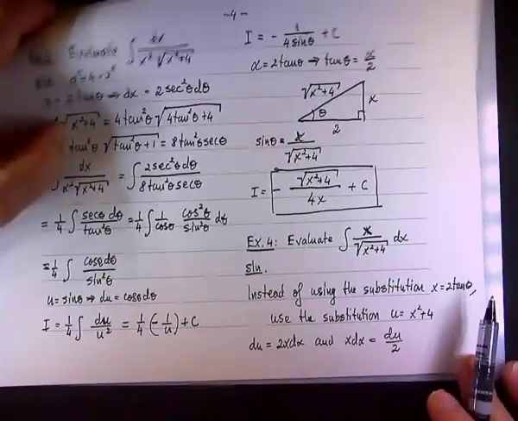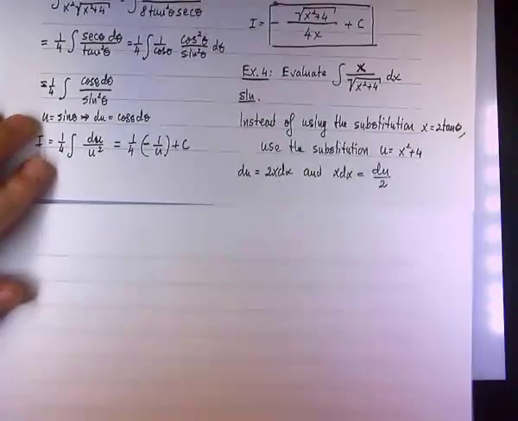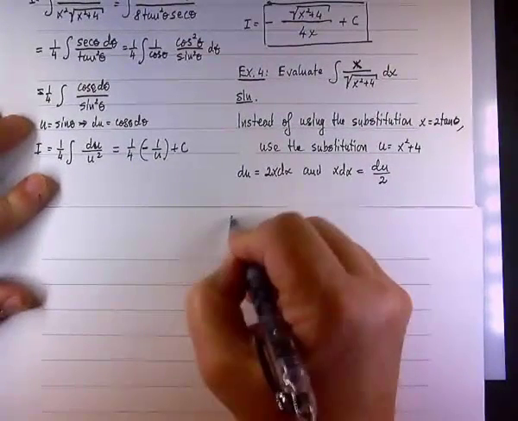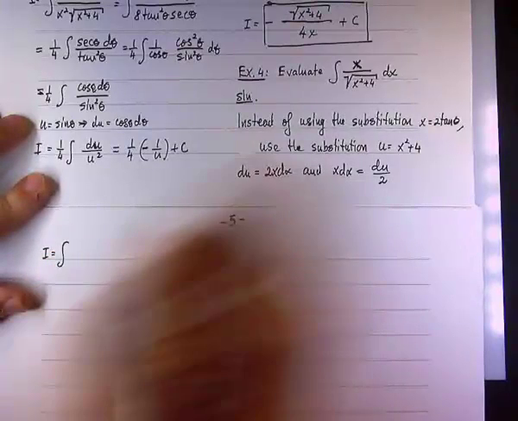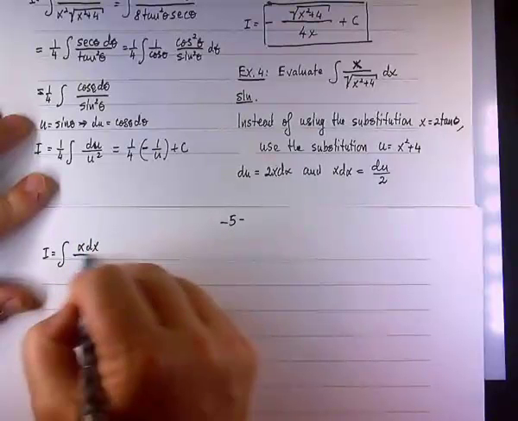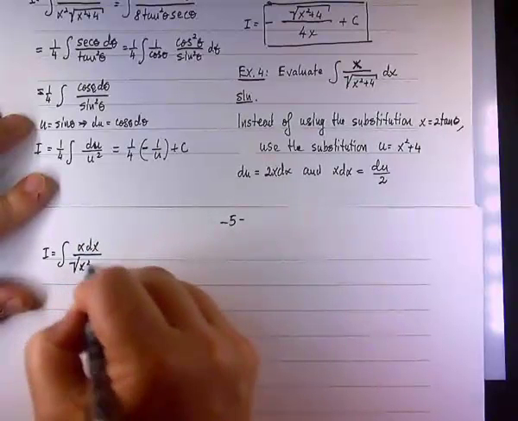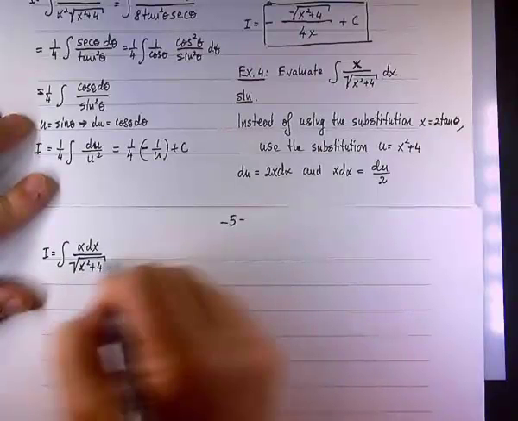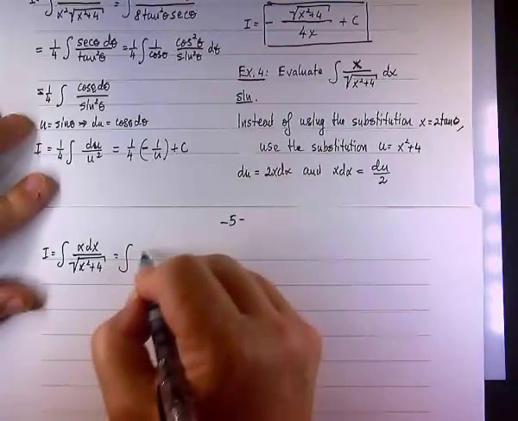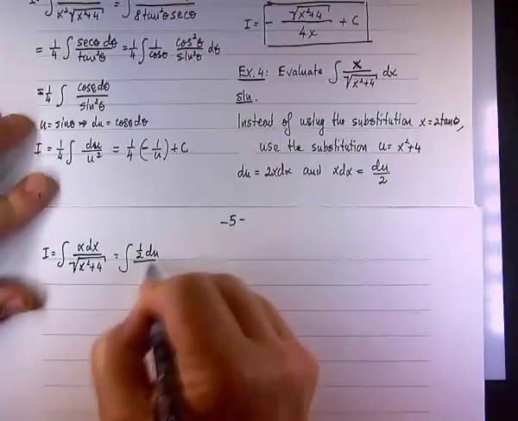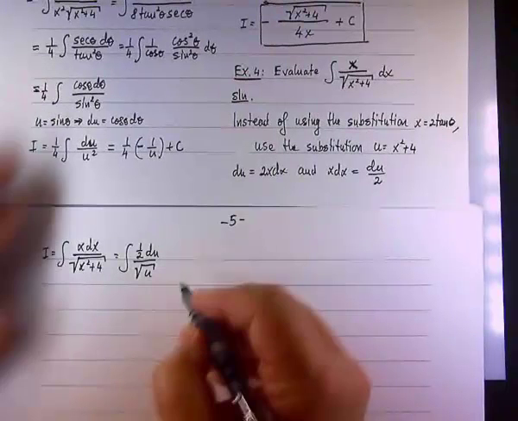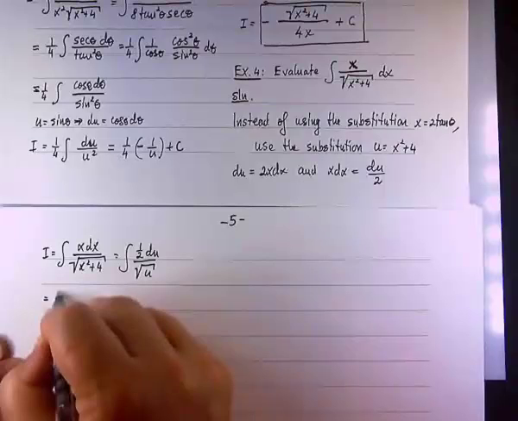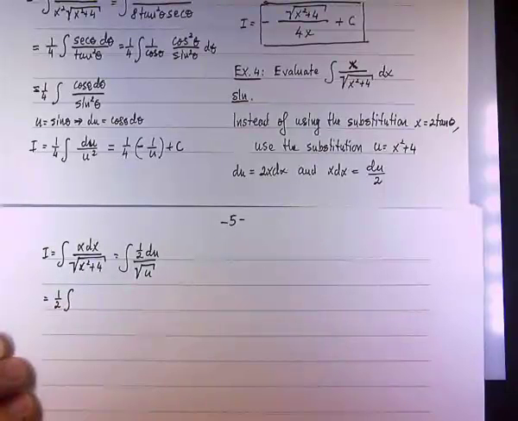Okay, and we have x dx on top, so the integral now looks like this. So I'm going to write it now as x dx is simply going to be the integral of 1/2 du over the square root of u, like so.